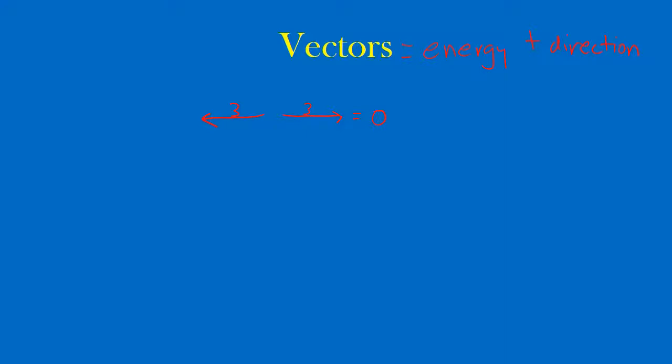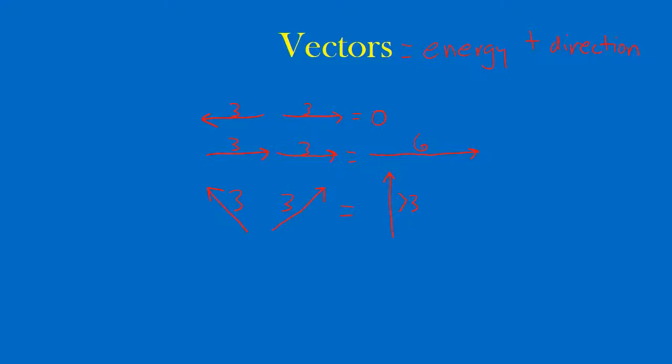Now, if we have vectors going in the same direction with the same amount of energy, these will combine and make an even greater vector, double the length, with 6 as its total energy. And if we have vectors going in different directions, one going this way and the other going this way, they will combine to give a resultant vector that goes in about this direction, and the resultant energy will be greater than 3.